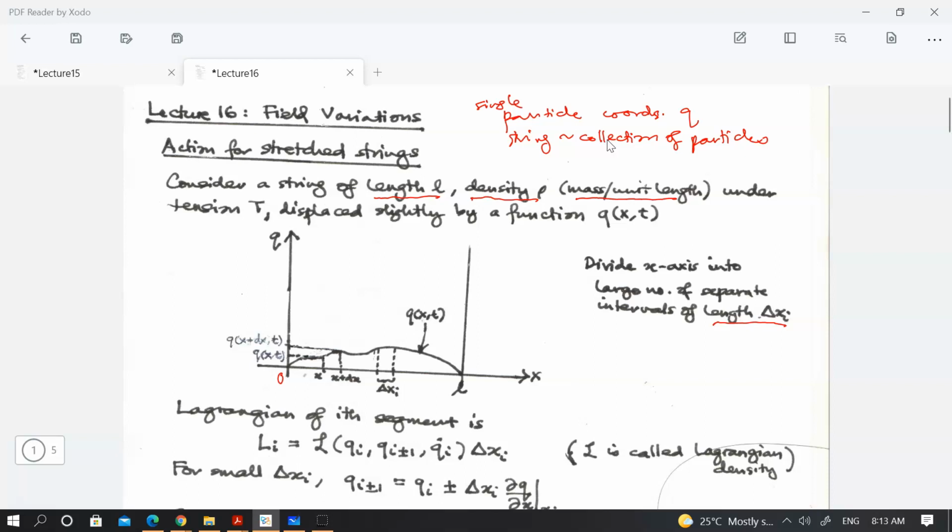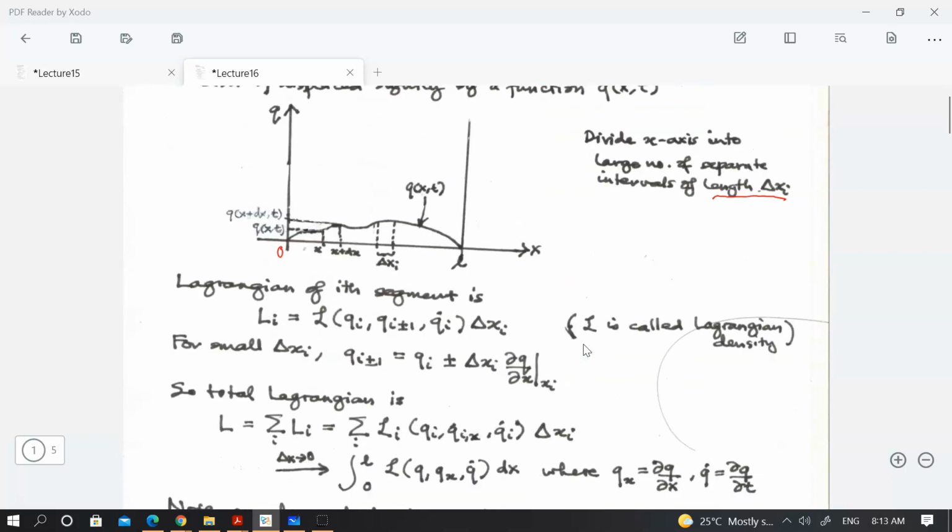Once you have this segmenting of the x-axis, which is trying to describe the vibration of the string, one could focus, in an infinitesimal approximation, on a particular interval.